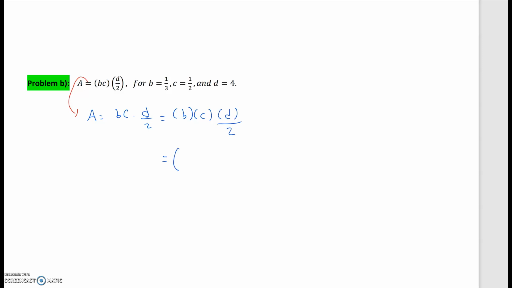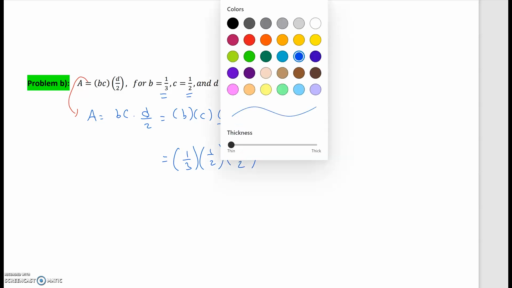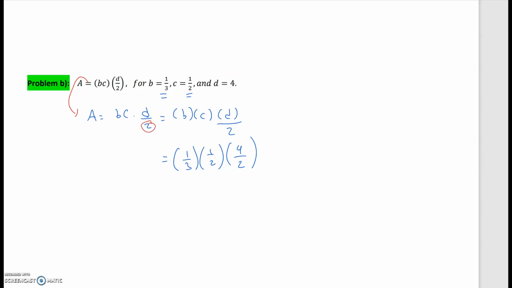The value of B is 1/3, so this will be 1/3. C is 1/2, so this is 1/2. And then we're going to multiply times 4 divided by 2. Notice that this 2 is that 2.